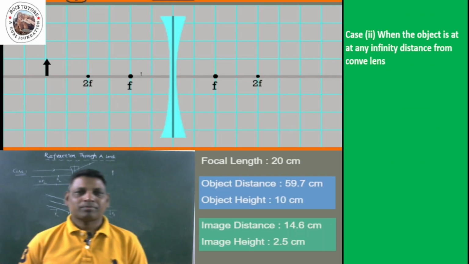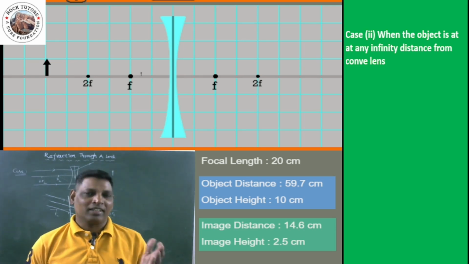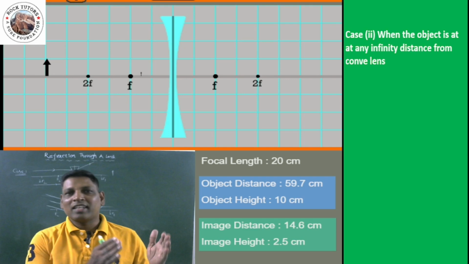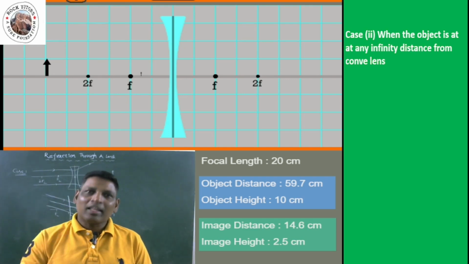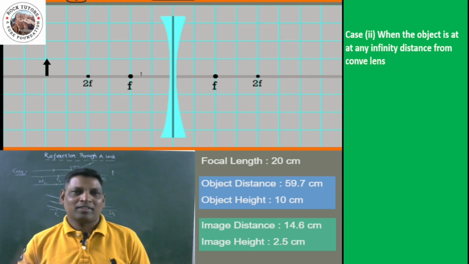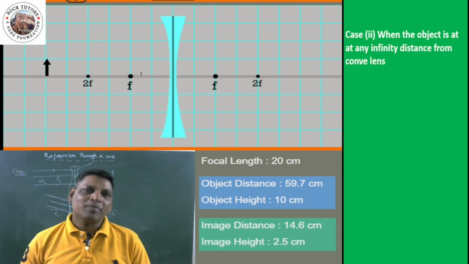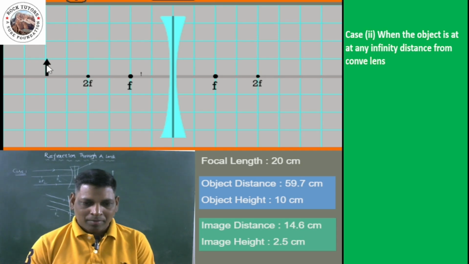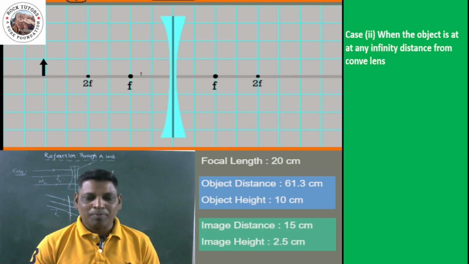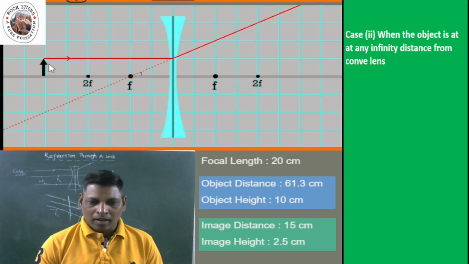Second case: if I keep the object at a place other than infinity. In the first case we kept the object at infinity. Now in the second case, at any place other than infinity, where will the image be formed? See here, this is the object I kept here, and I am taking a ray parallel to the principal axis.